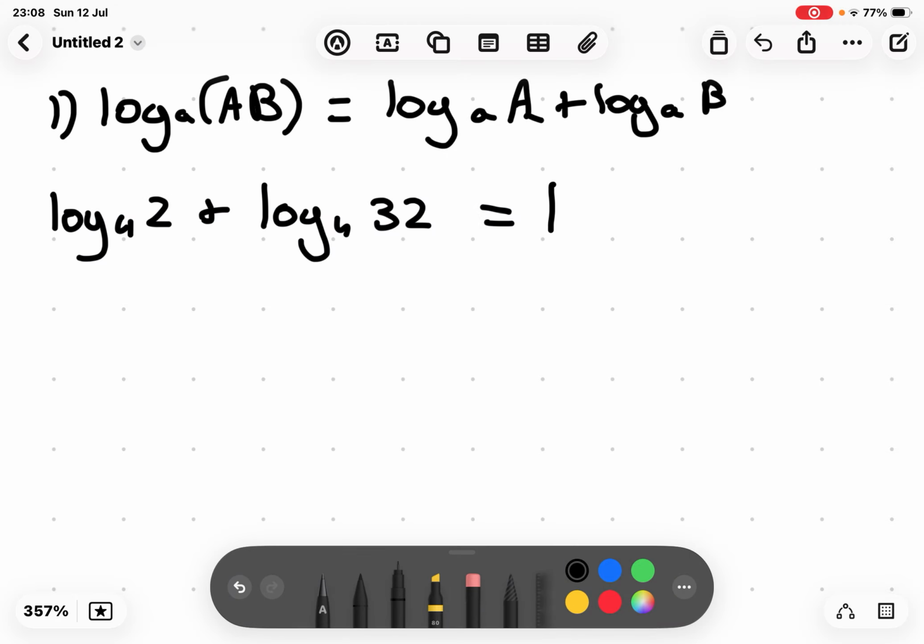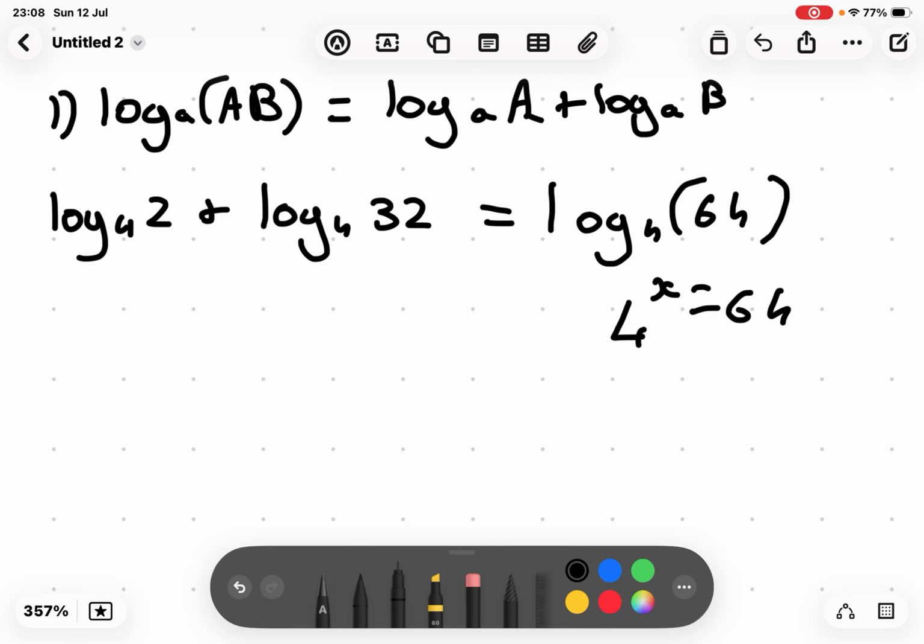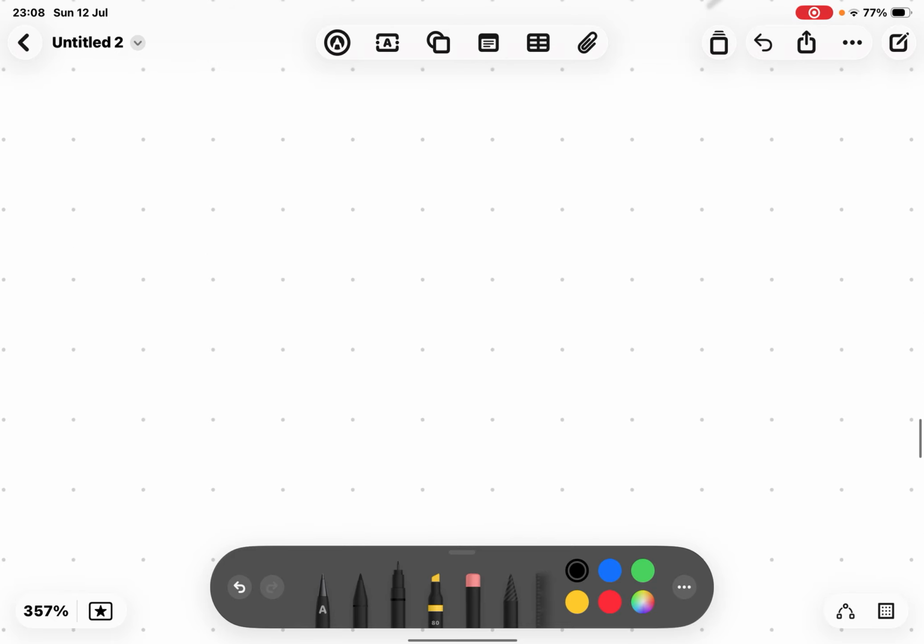You're able to write log 4 64, because these two times each other. And then we're able to just do our regular stuff where 4 to the x equals 64. Well, that would be 3, because 4 times 4 times 4 is 64.